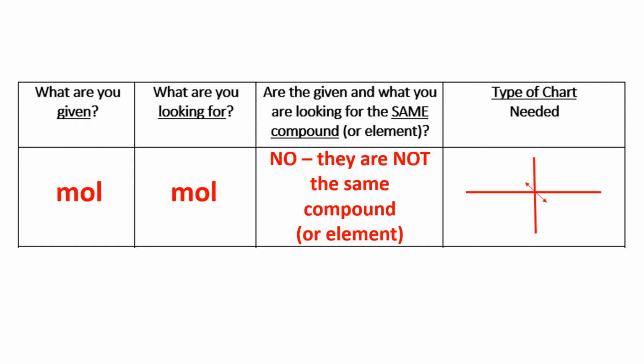So if I had H2 plus O2 yields H2O, our balanced equation looks like this.